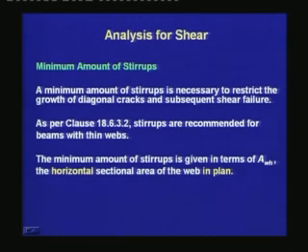A minimum amount of stirrups is necessary to restrict the growth of diagonal cracks and subsequent shear failure. As per clause 18.6.3.2, stirrups are recommended for beams with thin webs, and the minimum amount of stirrups is given in terms of Awh, the horizontal sectional area of the web in plan.